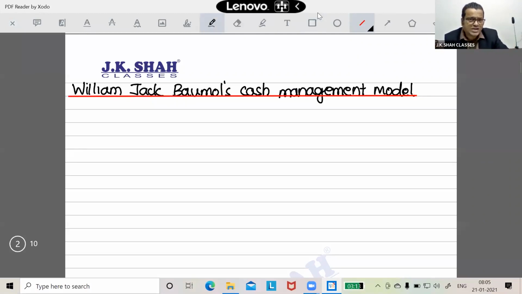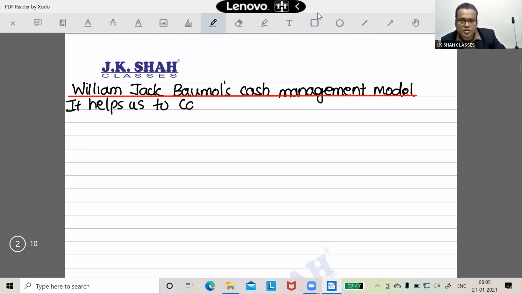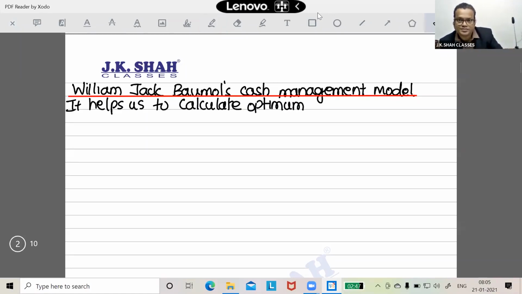Okay, so I'll explain it like this: it helps us to calculate the optimum, most ideal, or the best you can say, cash balance.